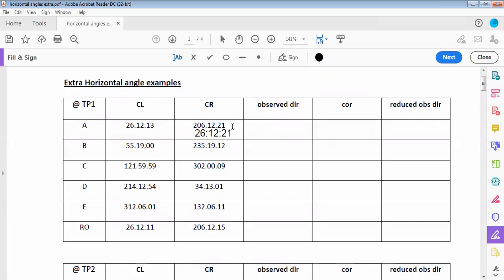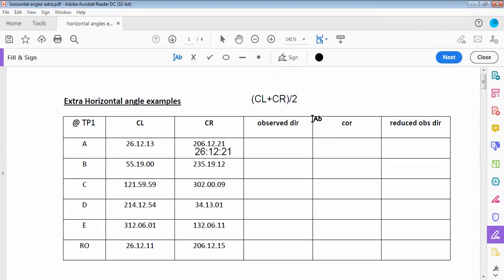Okay, and to get your observed direction, you say circle left plus your new circle right's answer, and then we divide by 2. Remember we calculated the new circle right by minusing the 180 degrees.